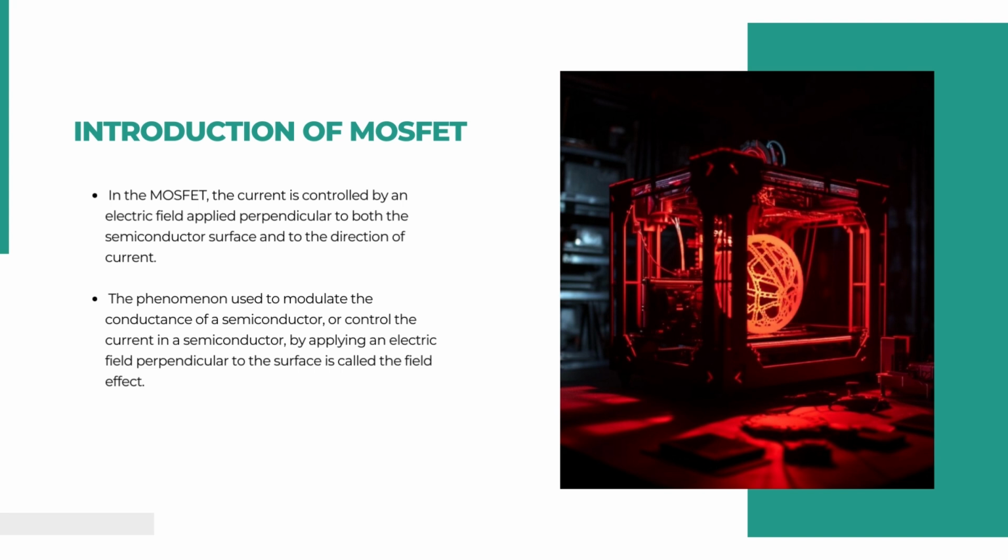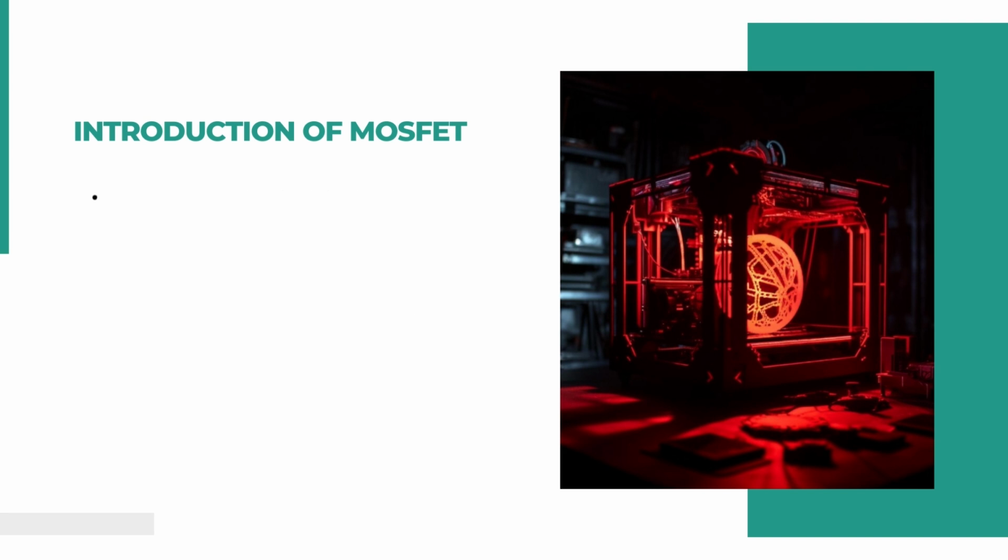The phenomena used to modulate the conductance of a semiconductor or control the current in a semiconductor by applying an electric field perpendicular to the surface is called the field effect. The basic transistor principle is that the voltage between the two terminals controls the current through the third terminal.